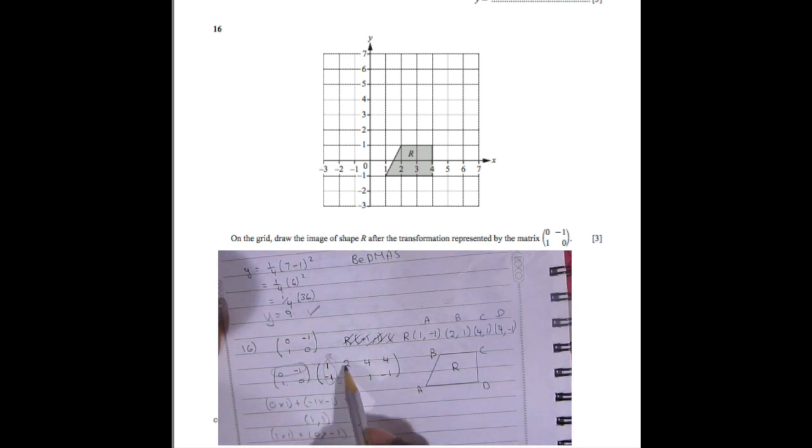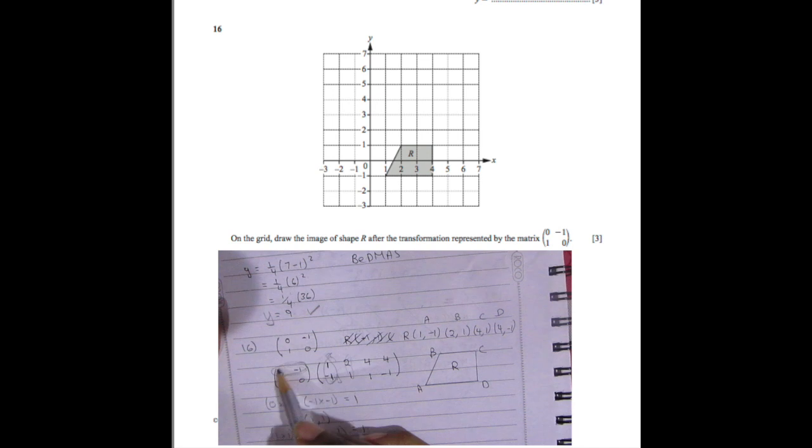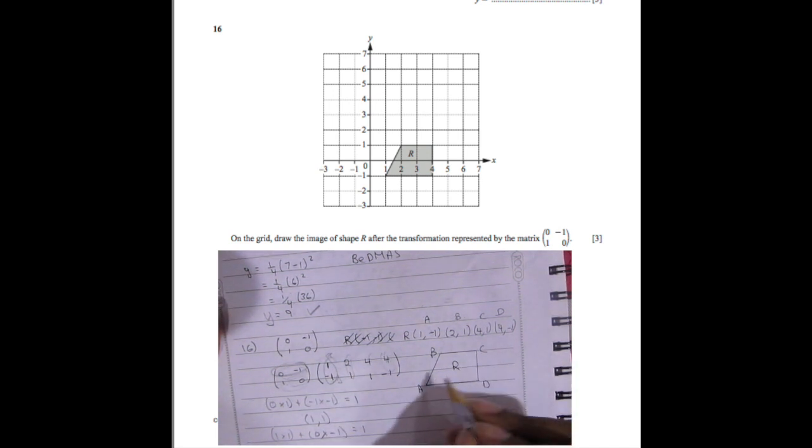So then we're going to continue doing that for all the other points, so for B, C, and D. So 0 times 2 plus -1 times 1, and 1 times 2 plus 0 times 1, and so on. You keep doing that until you get the 4 coordinates, and you're just going to draw it out on your grid like how you'd normally do, of course with x being first and then the y.